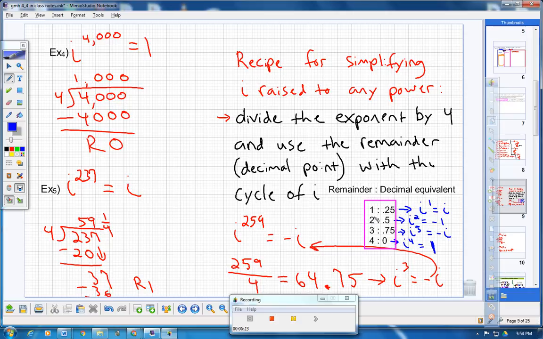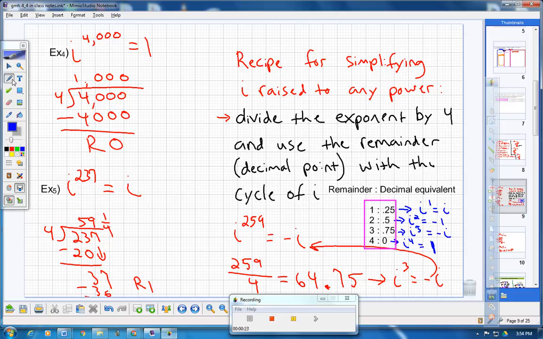If your remainder is 2, decimal equivalent 0.5, then it's equal to i squared. And if the remainder is 3, decimal equivalent 0.75, then it's equal to i cubed.